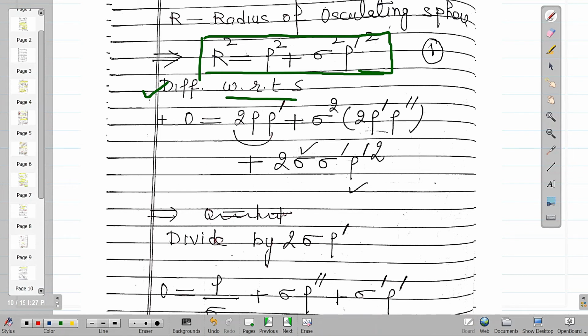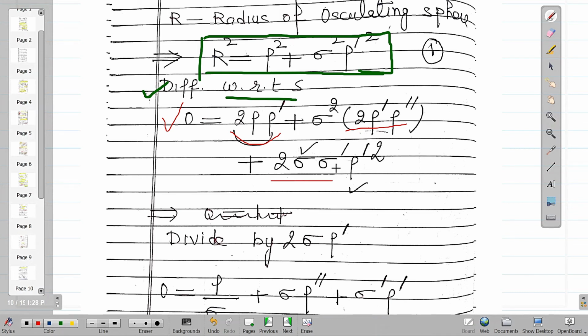If we differentiate, then the derivative of this term is 0 because it is constant, and its derivative is 2 times rho into rho dash. This contains two terms. First take its derivative, then take its derivative. So first its derivative is this, and then its derivative is 2 sigma sigma dash this. Clear?